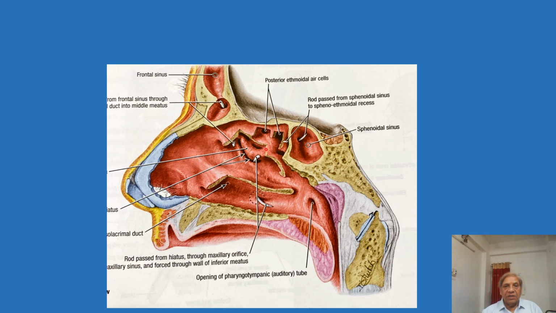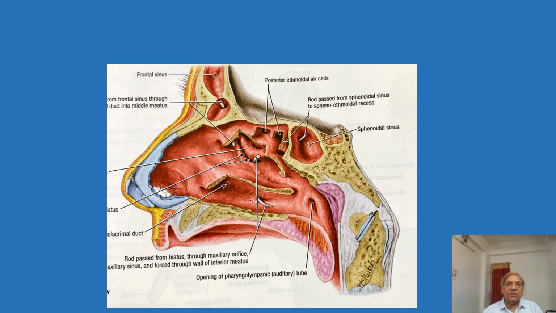When we cut the middle concha, many things can be seen here. Here is the opening of the middle ethmoidal air cells in this bulging, and this bulging is called the bulla ethmoidalis or ethmoidal bulla. Deep to this bulla there is a semilunar space, called the hiatus semilunaris, in which many air sinuses open.